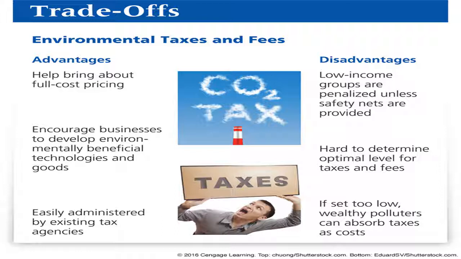Disadvantages are that lower income groups could be penalized unless safety nets are provided. Also, it is hard to determine the optimal level for taxes and fees, and if it is set too low, wealthy polluters or big corporations could just absorb the tax as a cost and continue to release emissions into the atmosphere.